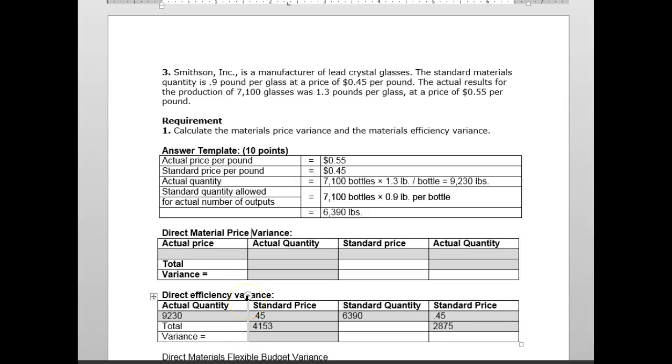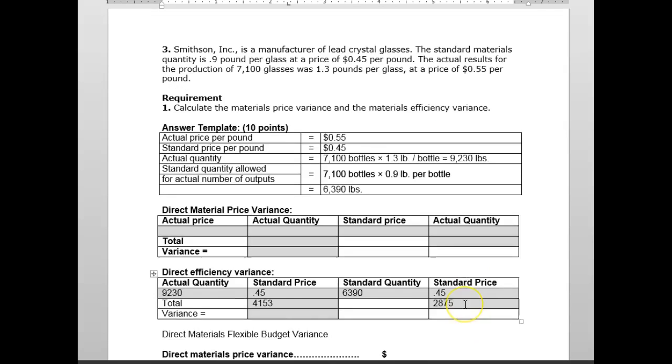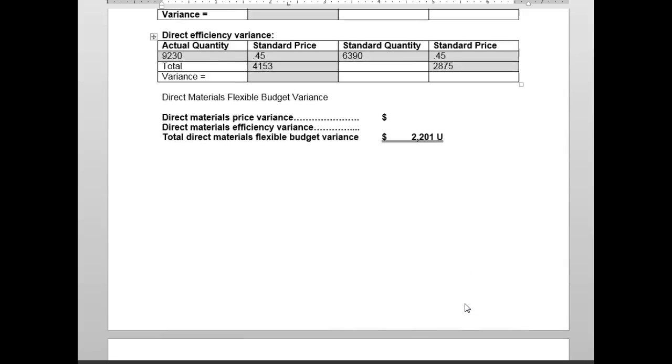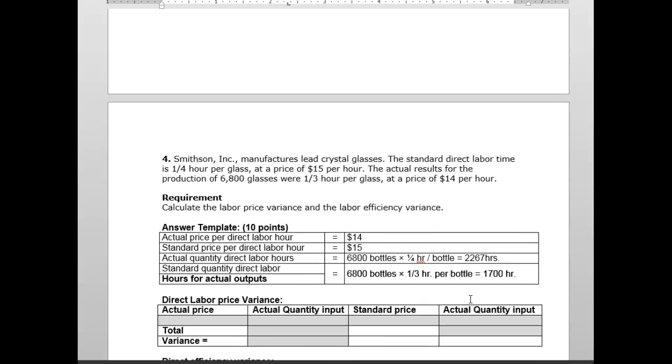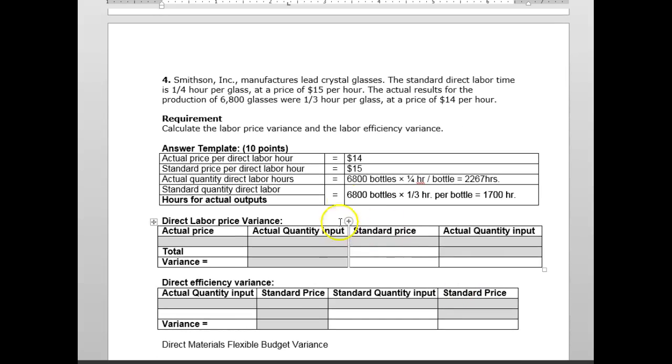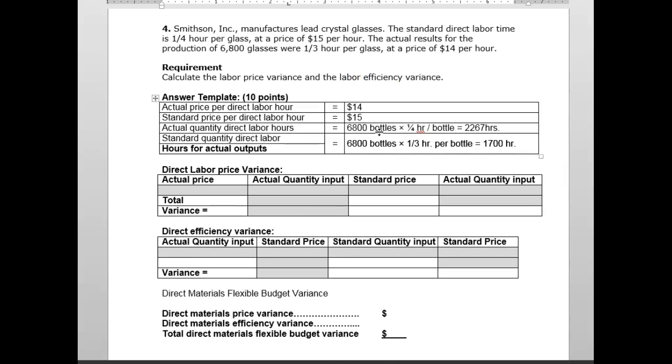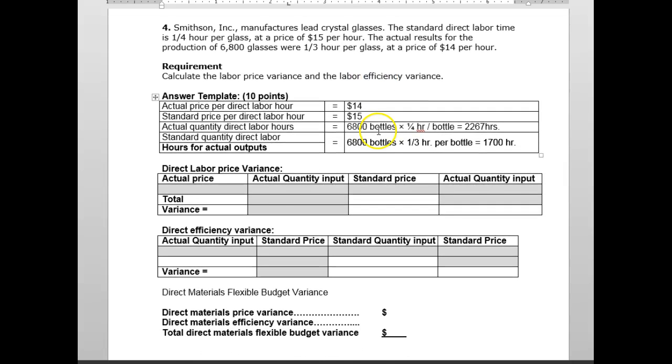And the materials efficiency variance. Now we're going to go down to one where we look at the labor price variance and the labor efficiency variance. And we're going to do the same thing. You're going to look at the actual price versus the actual quantity input. And I'll give you a hint here as to how that lays out.